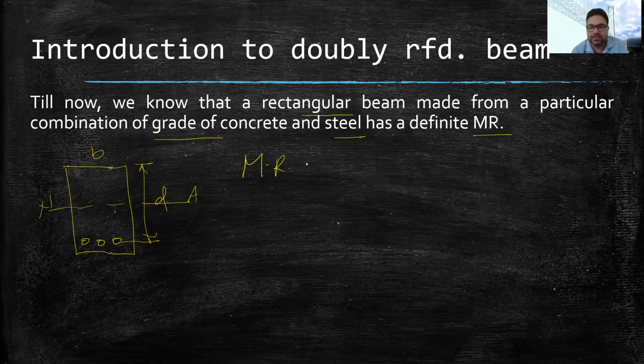So we know that the formula of moment of resistance is actually stress multiplied by area multiplied by lever arm.